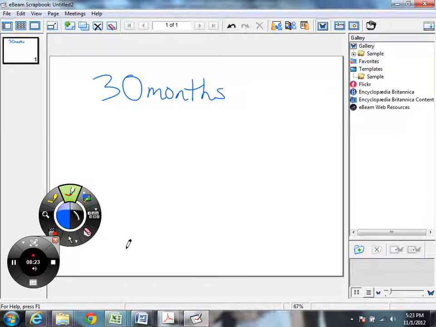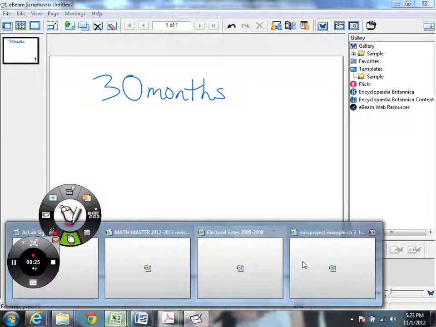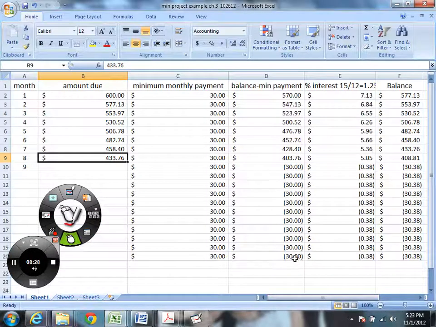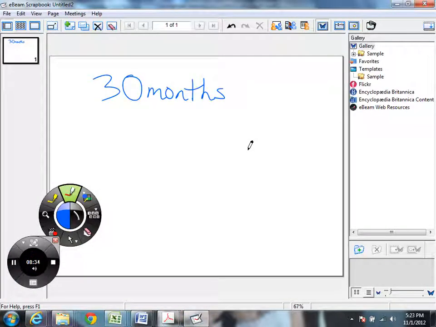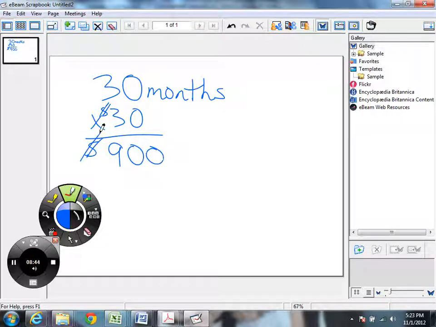I think I said I was paying $30. Oh boy, let's see. Yeah, I was paying $30. So 30 months, I don't know if it'll take me 30 months, but if I was 30 months times $30, then that means it would actually cost me $900. And that item was supposed to cost me $600. So we can see the difference there. So you get the idea?